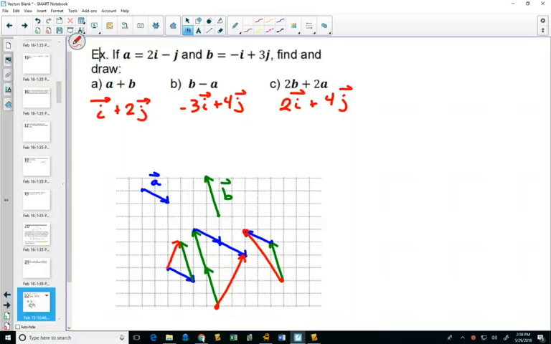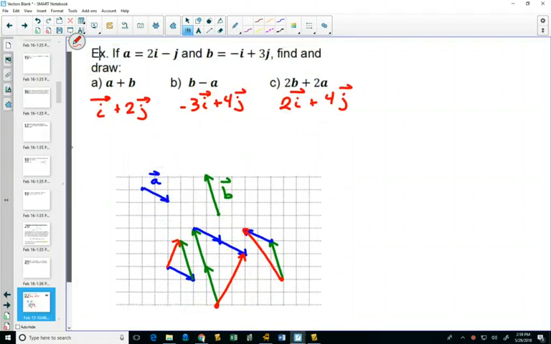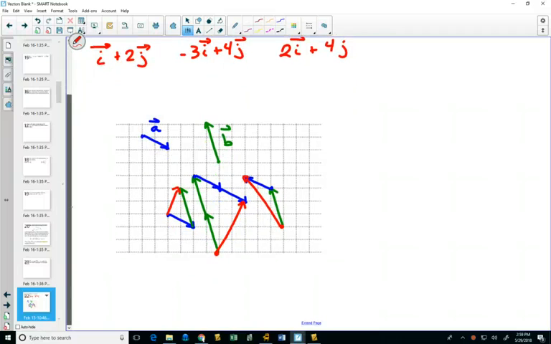Now, let's look at our vectors that we've added and our resultants as column vectors, and I want you to tell me if you notice anything. So A is (2, -1). That's the blue one.